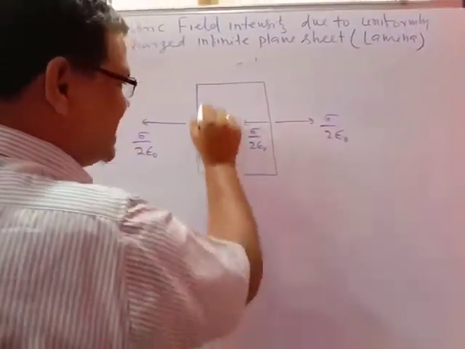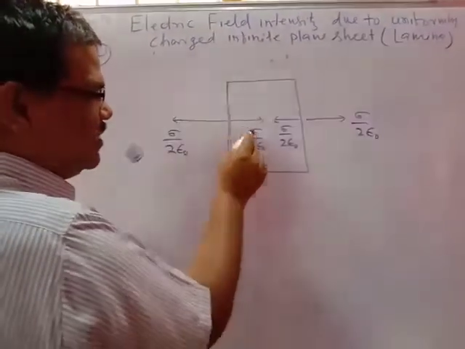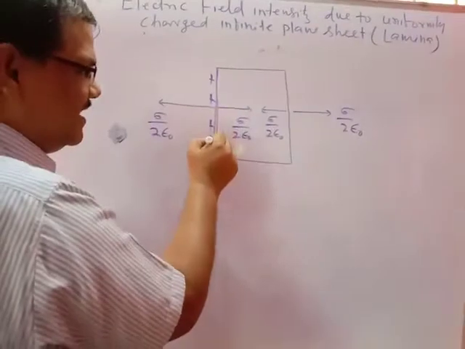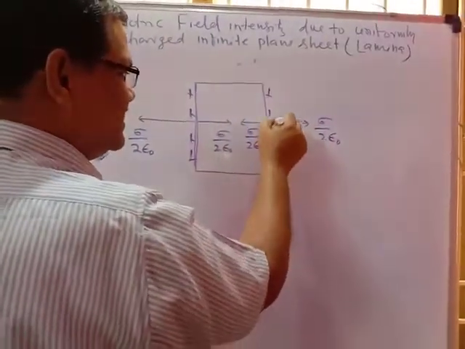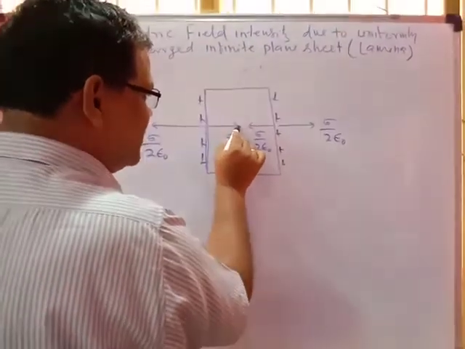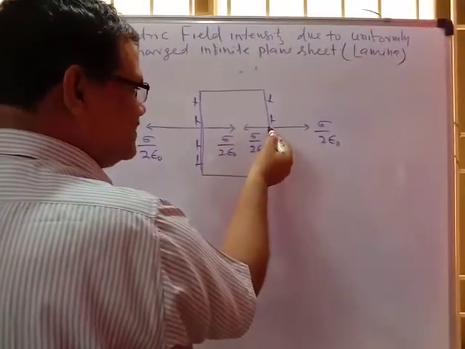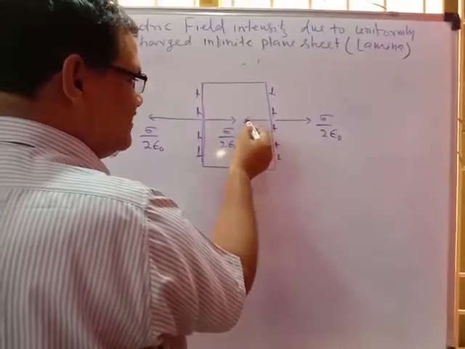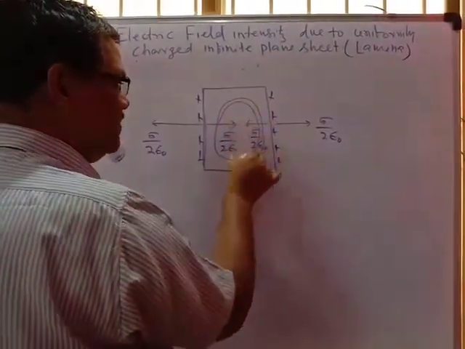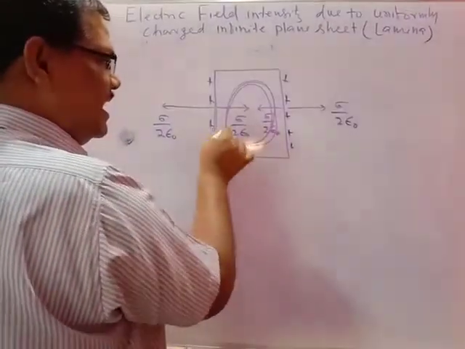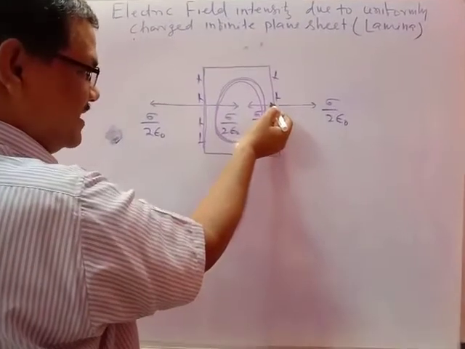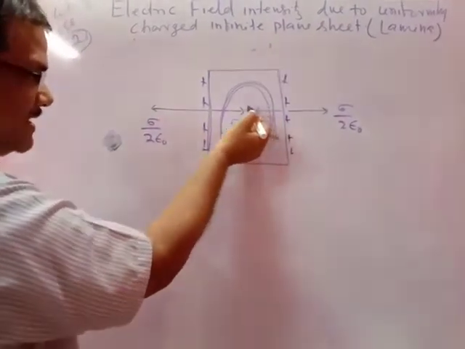So what will happen inside? Because of one surface you get sigma upon 2 epsilon naught, and due to the other surface, since charge is present here, this sigma upon 2 epsilon naught is directed towards the right, and this sigma upon 2 epsilon naught is directed towards the left. Hence the net electric field inside the metal sheet is 0. But the sigma upon 2 epsilon naught directed along this way passes through the metal sheet.